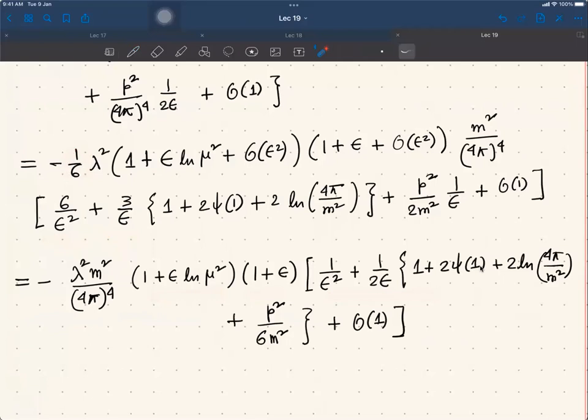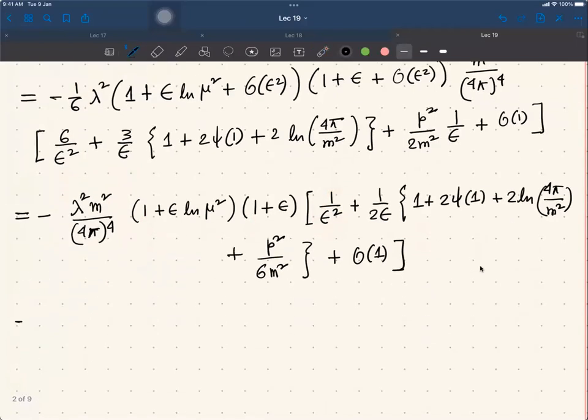So if you take this combination 1, 1, and 1 over epsilon squared, that gives you the 1 over epsilon squared term. So that's the leading term. So minus λ square m square over 4π to the power 4 times 1 over epsilon square plus, then I have to calculate the 1 over epsilon terms.